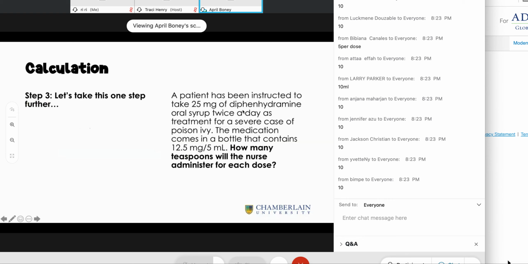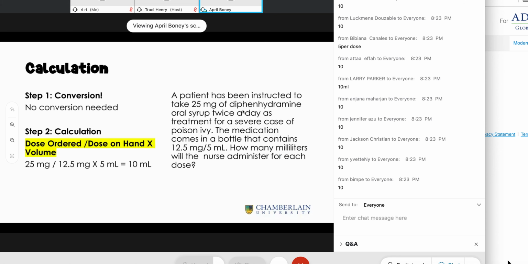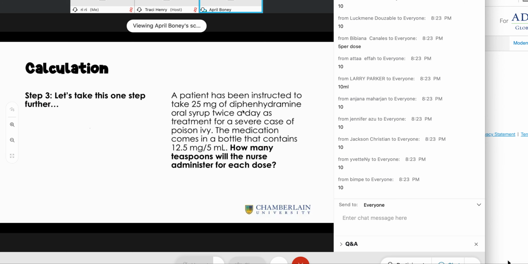Okay, let's look at this one. Or actually, let's take the last one we did one step further. So notice this question was asking how many milliliters will you administer per dose. This is the same problem, prescription and concentration, but now it's asking you how many teaspoons will the nurse administer per dose.